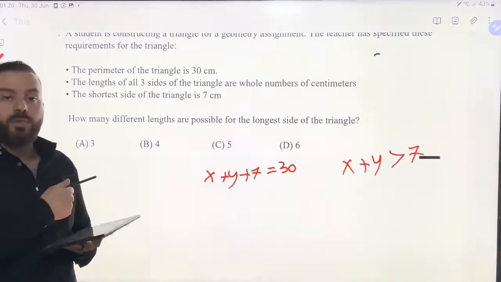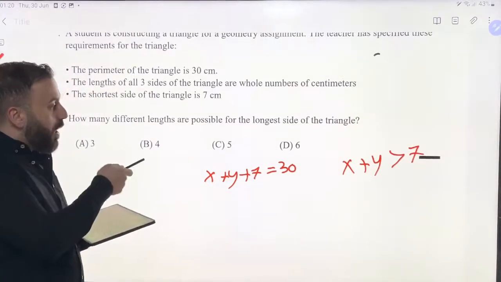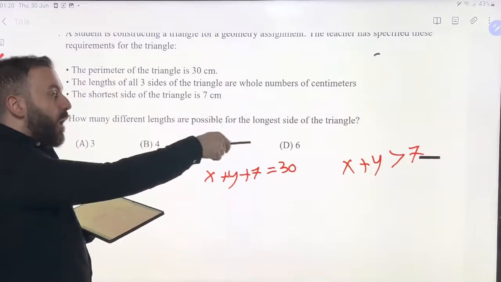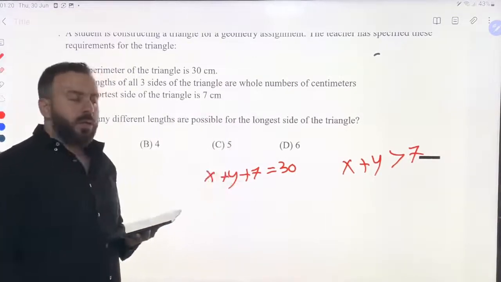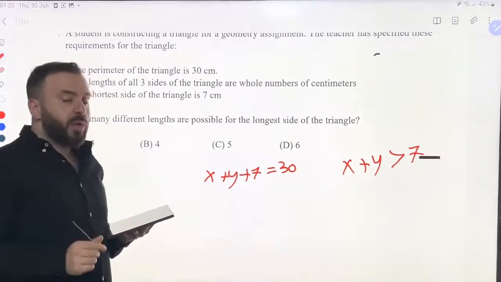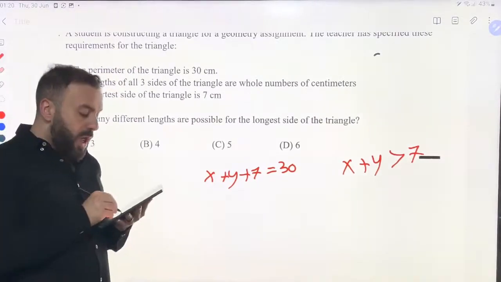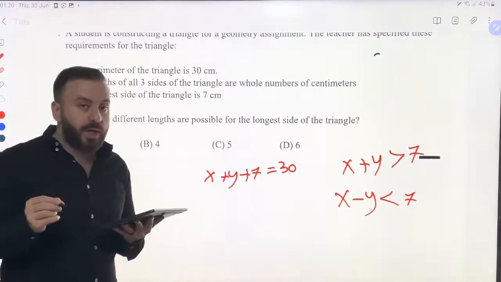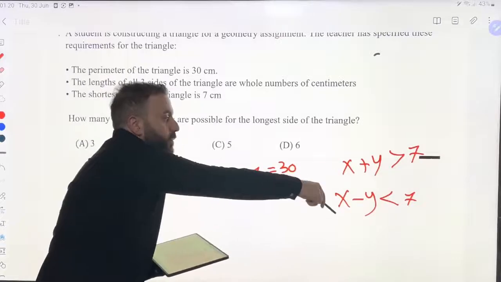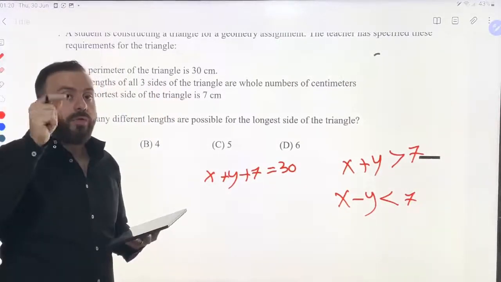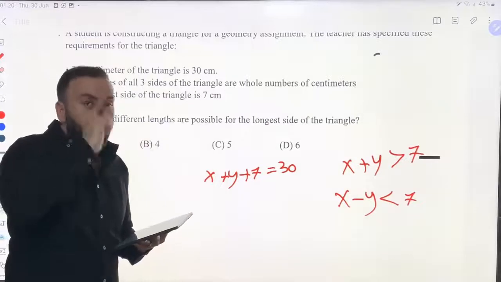We already discussed this before. Also, one of the triangle's characteristics is that x minus y should be less than 7. Those are critical points I need to take care of while solving a triangle question.